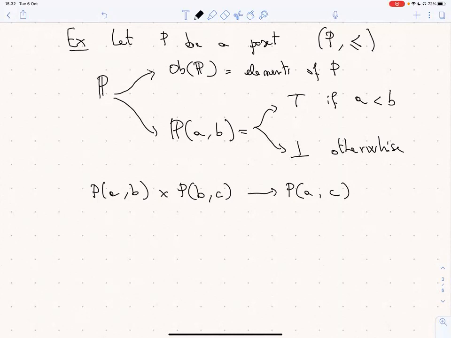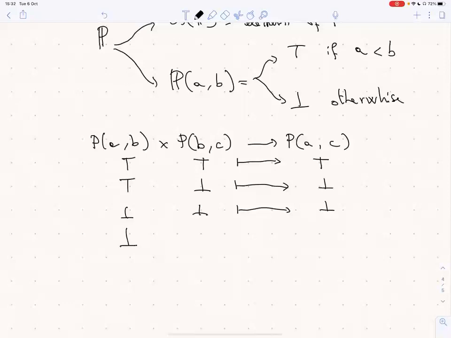If I have top, top, I send it to top. If I have top, bottom, I send it to bottom. If I have bottom, bottom, I send it to bottom. Okay, did I finish all the possibilities? Sorry, there is also bottom, top, which I send to bottom.